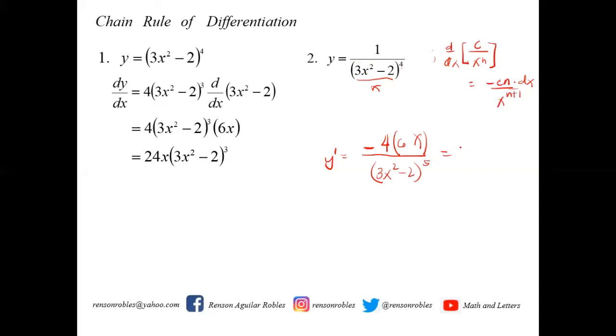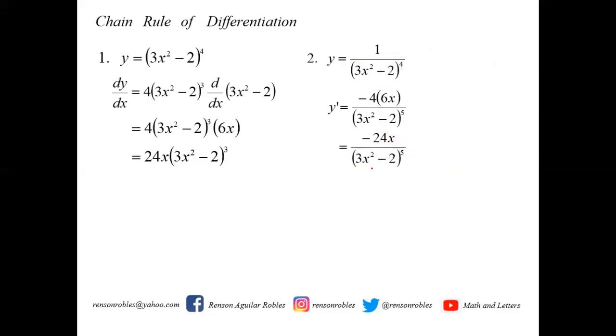And then finally, you have negative 24x all over 3x squared minus 2 to the fifth power.